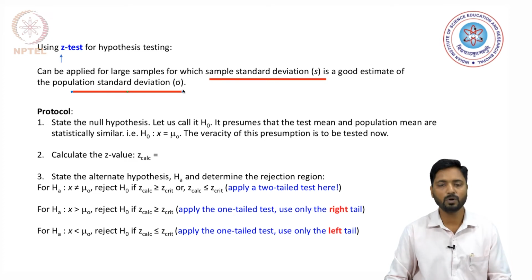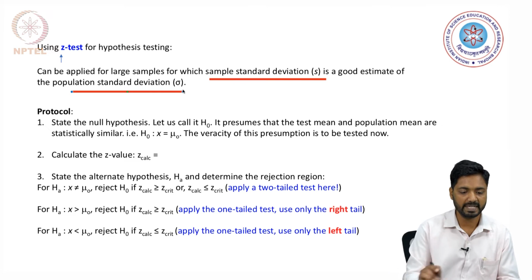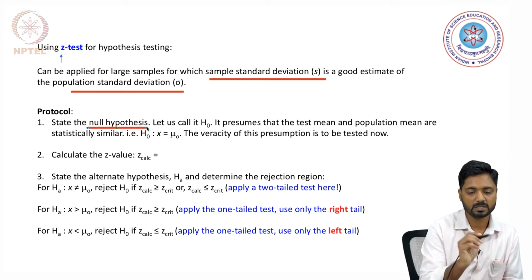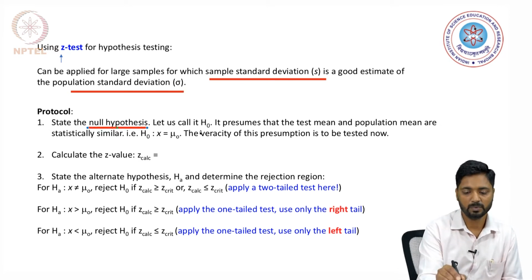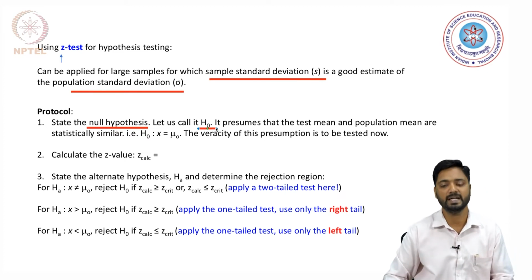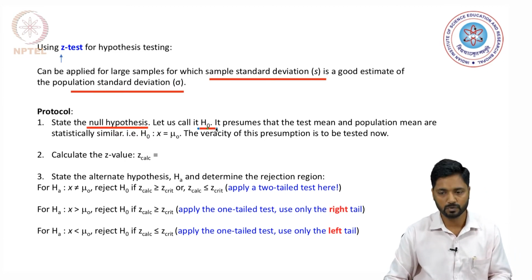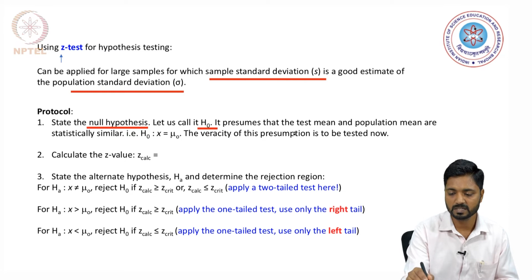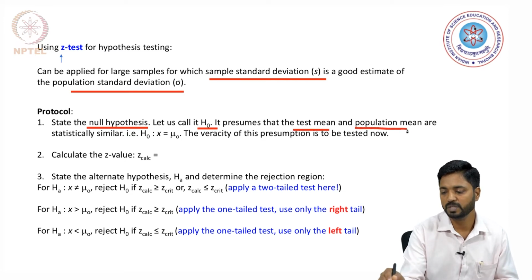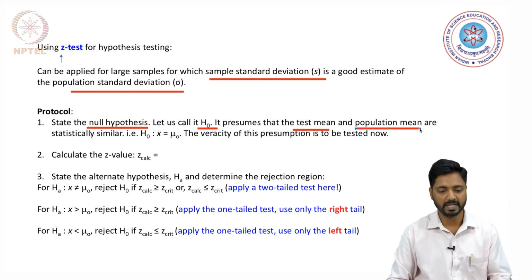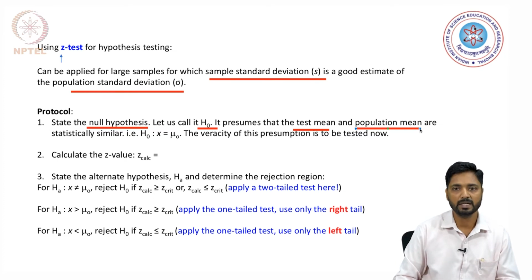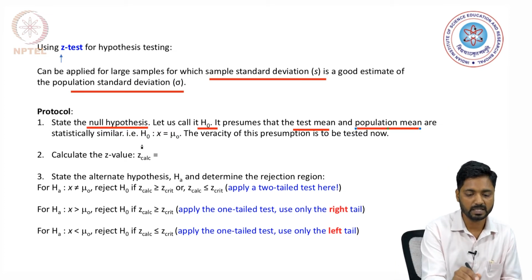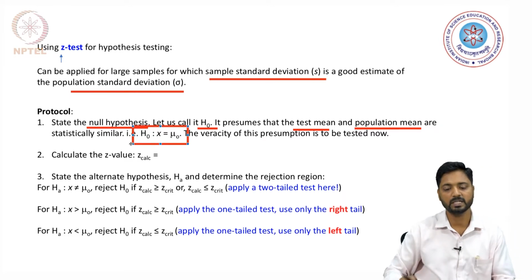And the protocol for applying the z-test is that we first state the null hypothesis, and null hypothesis is represented by H naught, and of course it presumes that the test mean and the population mean are statistically similar, and this is mathematically written as what I have indicated in the box.